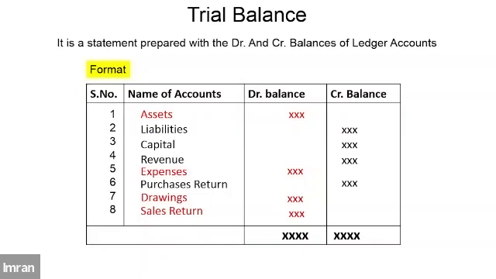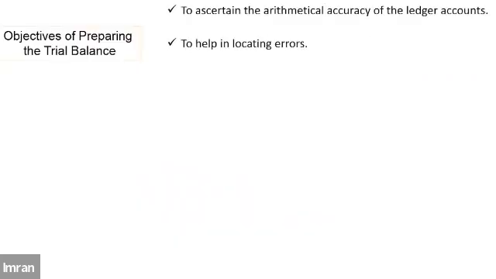All right, so we started this topic in the previous class, which is trial balance, and we understood the meaning of the trial balance, wherein I told you that trial balance is a statement prepared with the debit and credit balances of the ledger accounts, and we also understood the format. Then we did a few questions based on it.